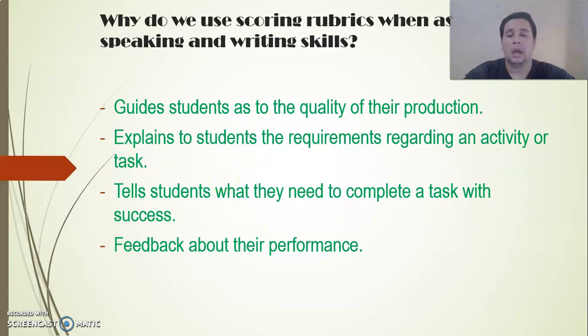Using them to assess speaking or writing skills tells the students what they need to complete a task with success, and additionally, this allows us as teachers to give feedback about the students' performance.